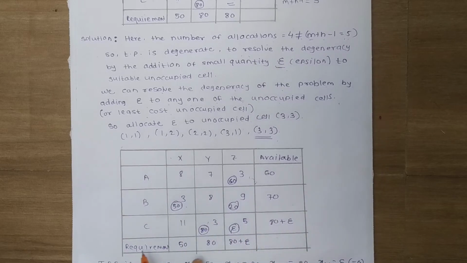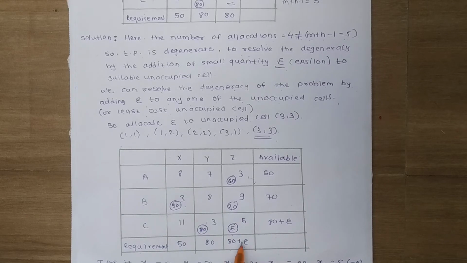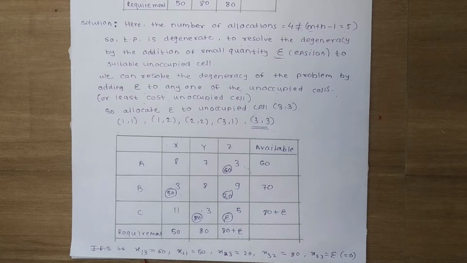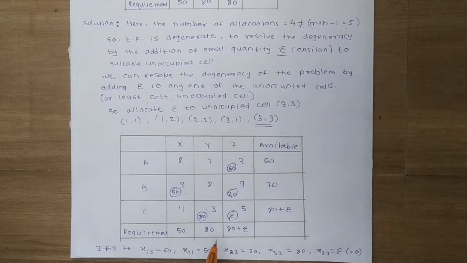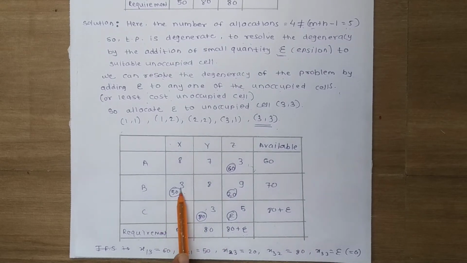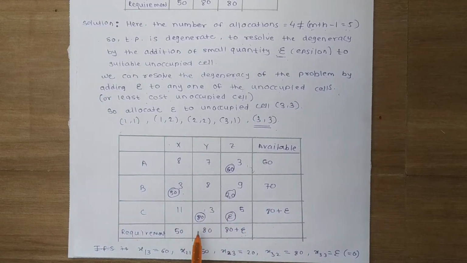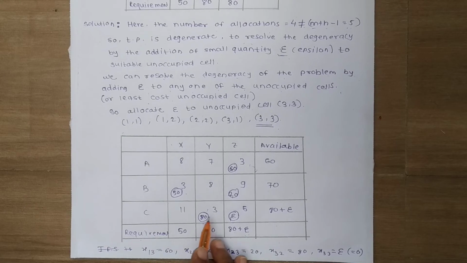So here the requirement becomes 60 plus 20 plus epsilon, that is 80 plus epsilon. So x13 equals 60, x21 equals 50, x23 equals 20, x32 equals 80, and x33 equals epsilon, which is nearly equal to 0.